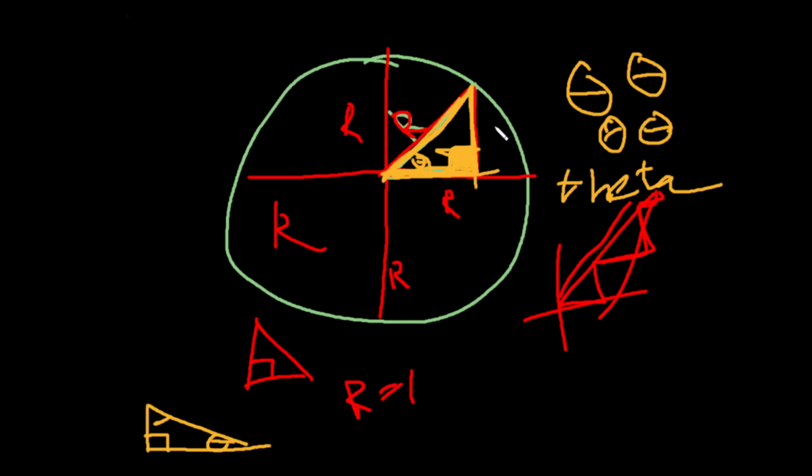Alright, sine and cosine. So this is theta. This made some angle, and this angle is related to how big this right here is.